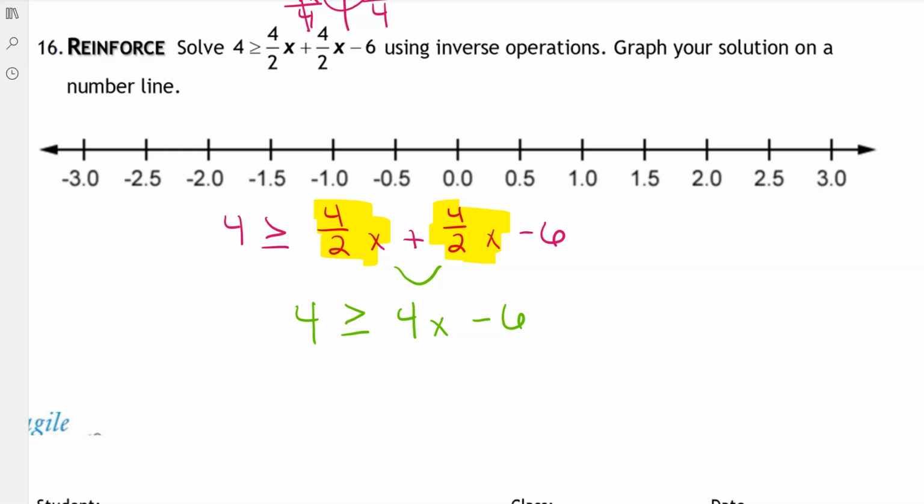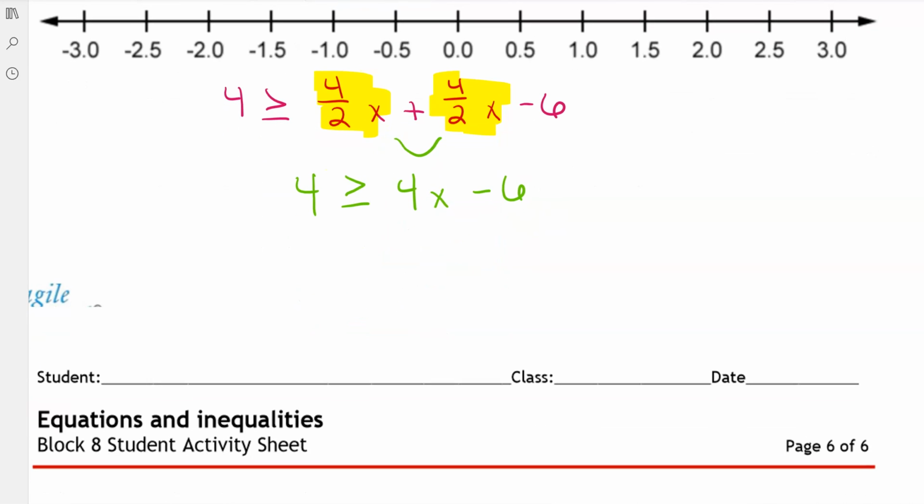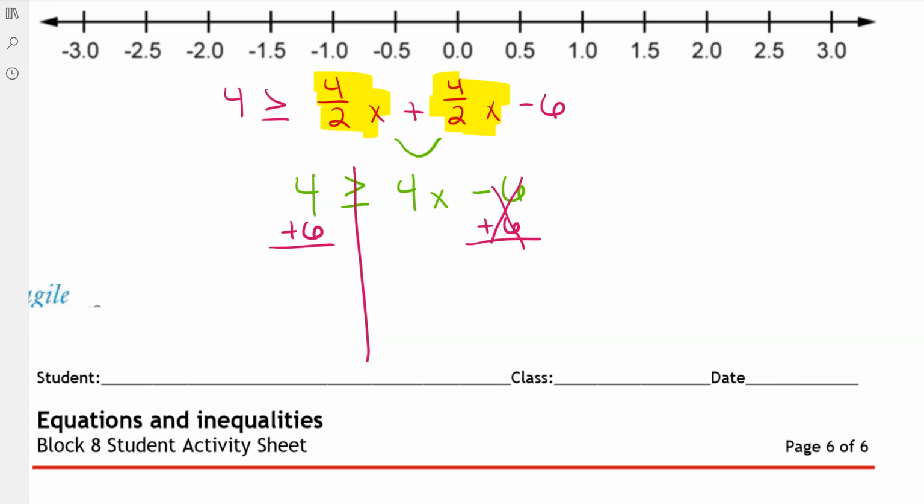And we could totally solve this, like we've been solving these all day. So we're going to plus 6 over here. And these cancel out. I'm left with this, so I bring it down here for x. Leave the inequality facing the same direction, because we're not dividing by any negatives here. And 4 plus 6 is 10.